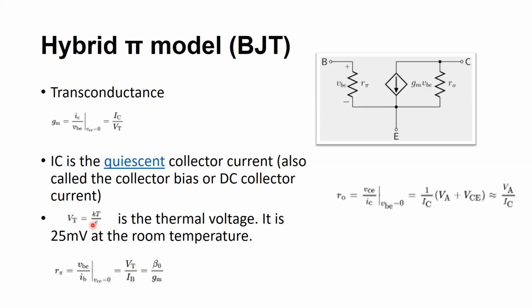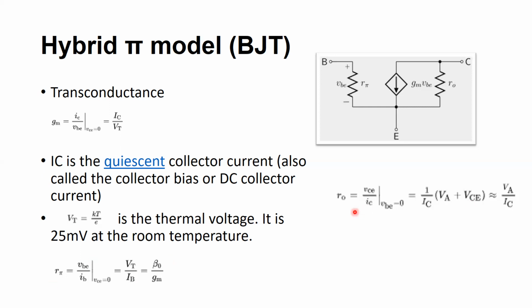Again, VT is your thermal voltage; for room temperature analysis, keep the value of 25 millivolts. IB is your DC bias current for the base terminal. It can also be given as the ratio of beta divided by gm. Beta is the DC current gain, which can be obtained from the data sheet provided by the manufacturer for that particular transistor, and you get the value of r pi.